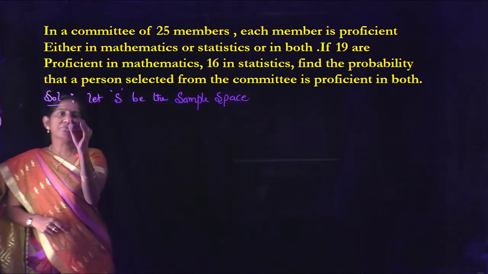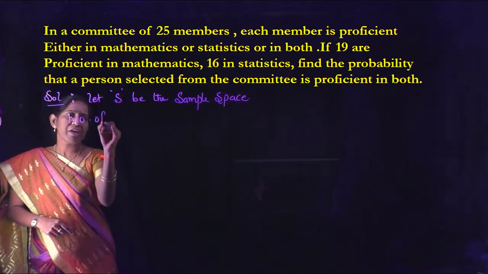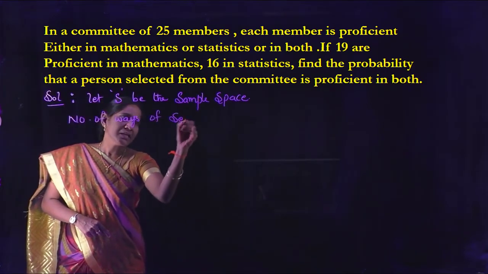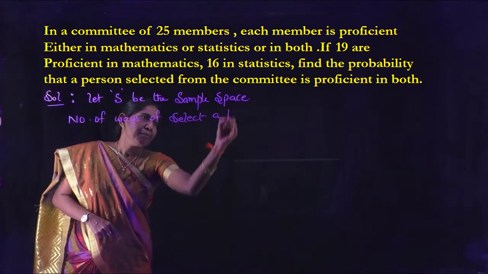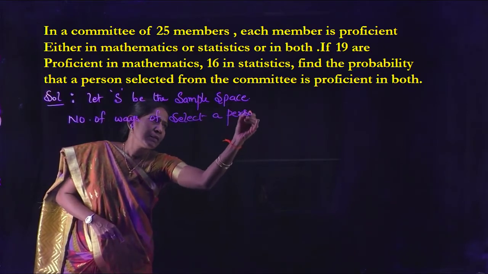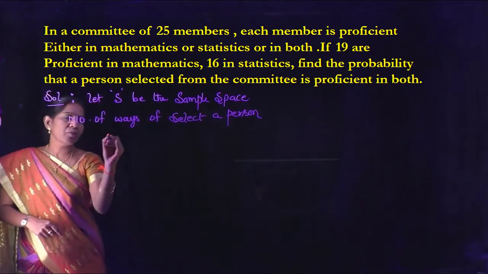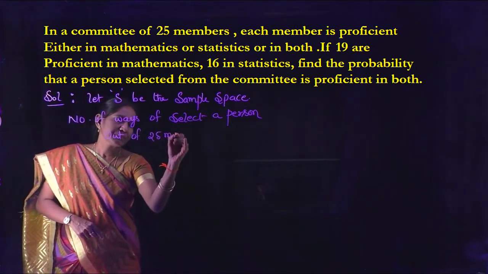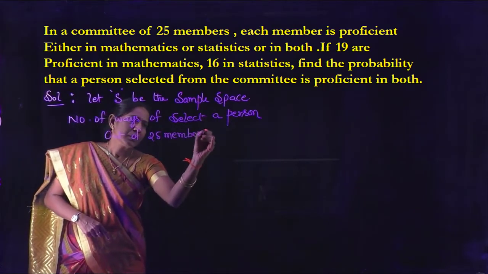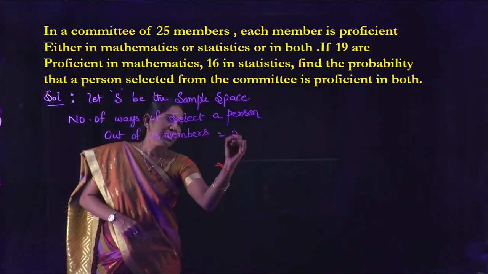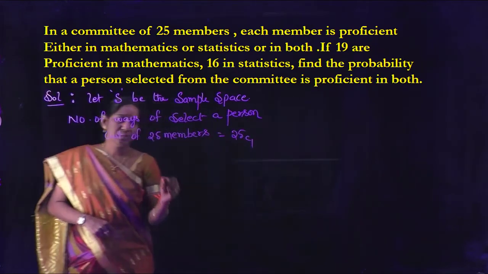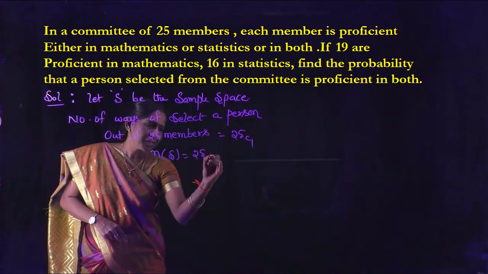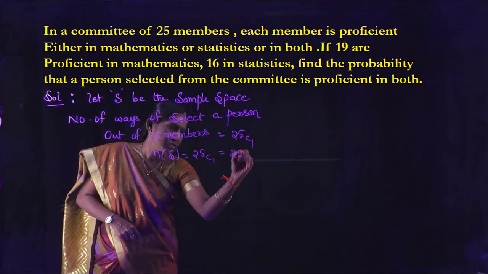Number of ways of selecting a person from out of 25 members, that equal to 25 C1. So, N of S equal to 25 C1, that becomes 25.